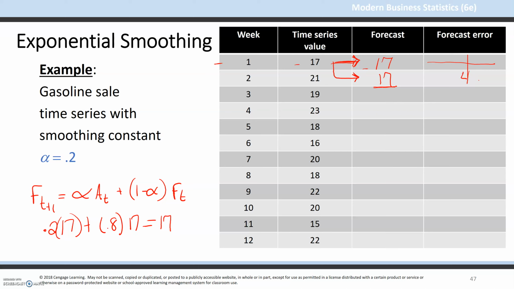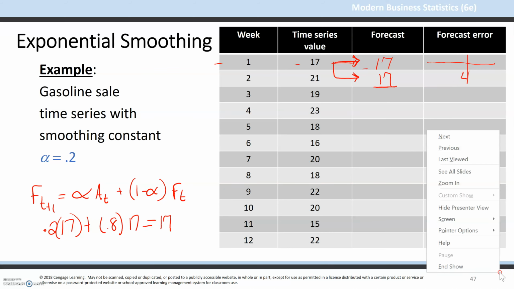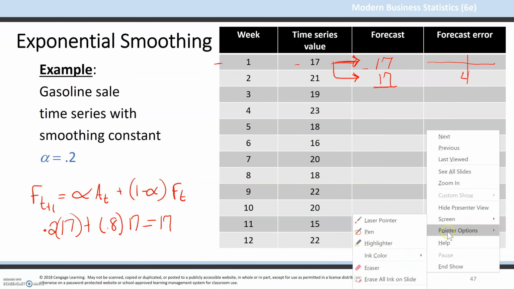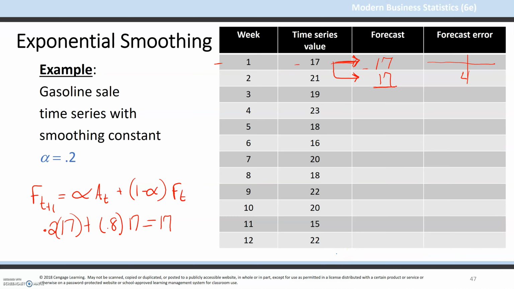All right, I'm going to change pen color, and we're going to work through the next one as well. Okay, so how would we get this forecast right here? To get this forecast right here, we're going to use the data from the time period above it.